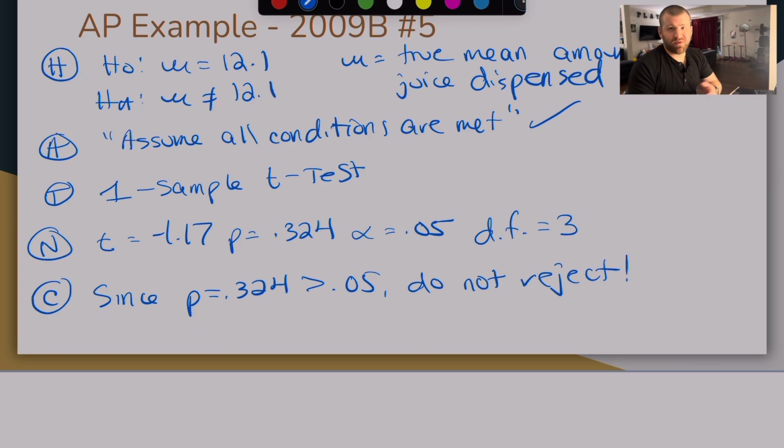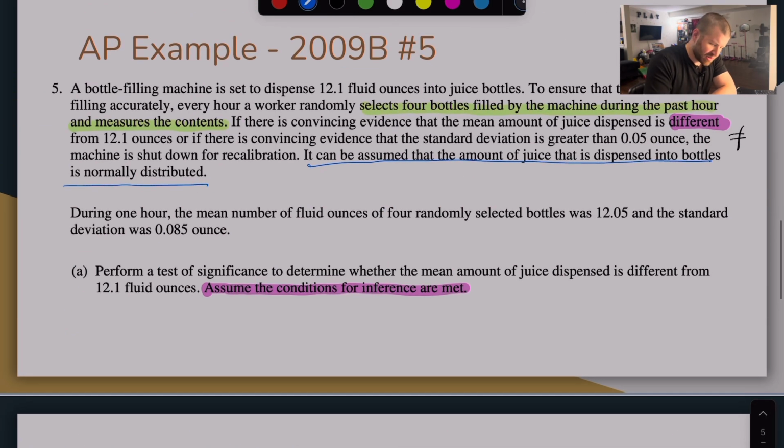I don't have evidence here that the true mean is different from 12.1, and that probably wasn't surprising given that the sample mean was 12.05 and the hypothesized one from our null hypothesis was very close to that at 12.1, which was less than 1 standard deviation above the mean. So I hope that was helpful for the one sample t-test, and I'll see you guys in the next one.